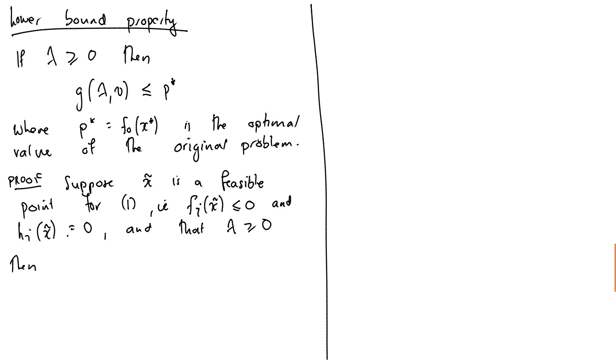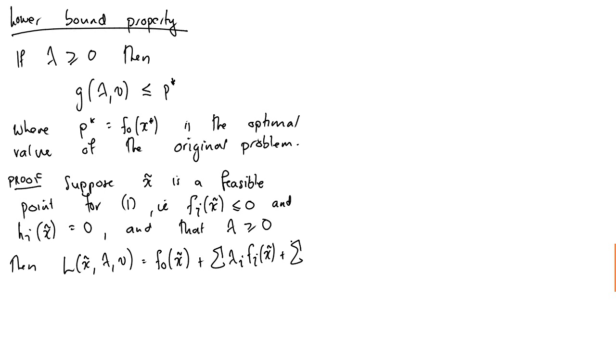Then, if we plug this into our Lagrangian, L of x tilde, lambda and nu, equals f naught of x tilde plus the sum of lambda_i f_i of x tilde plus the sum of nu_i h_i of x tilde, which, well, let's have a look at what that does.